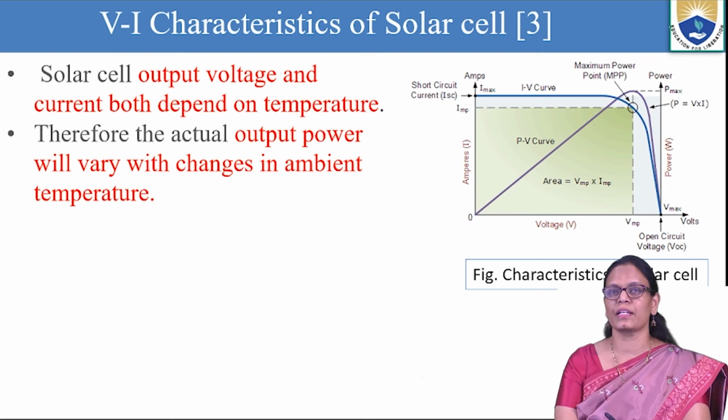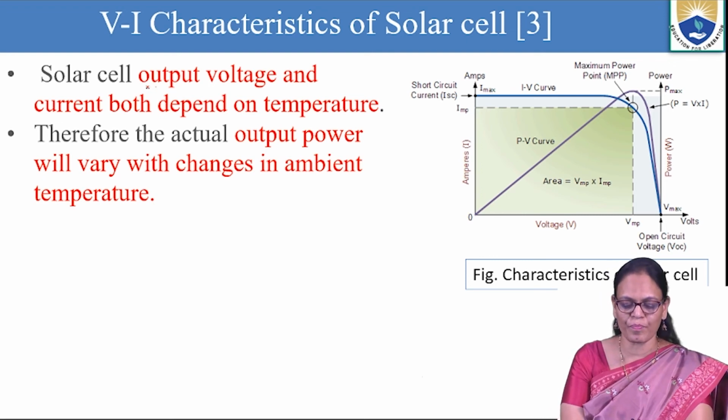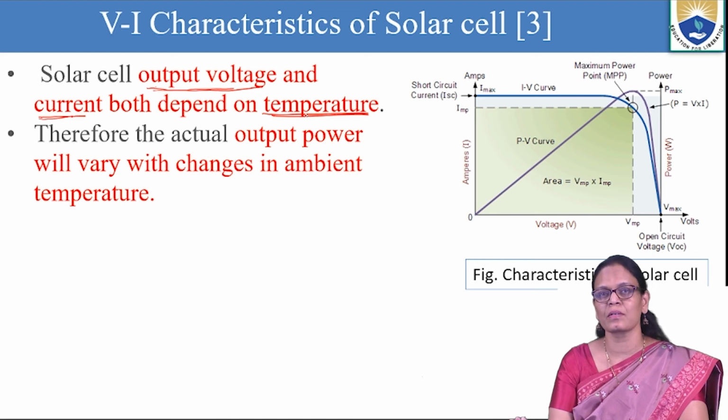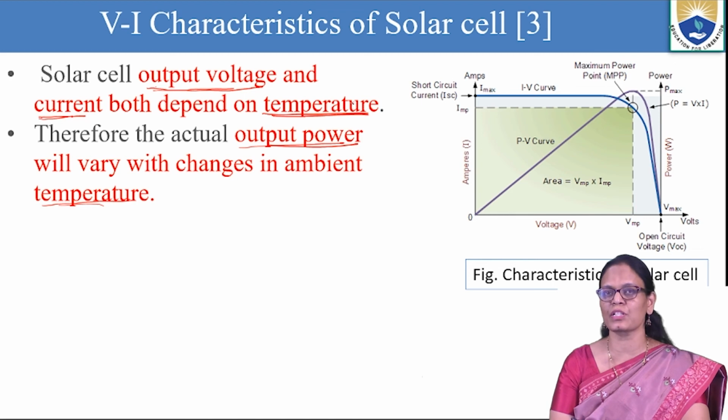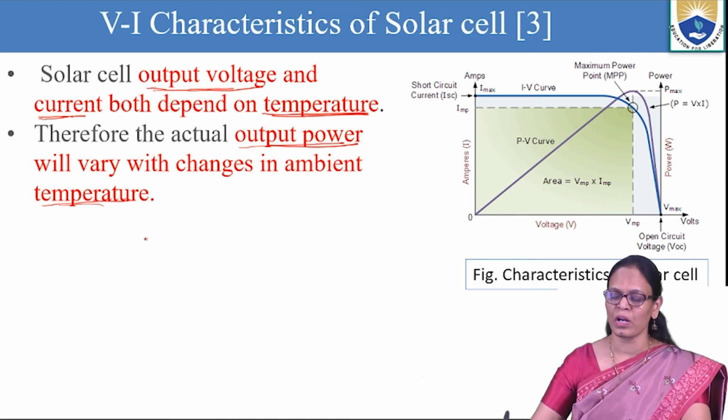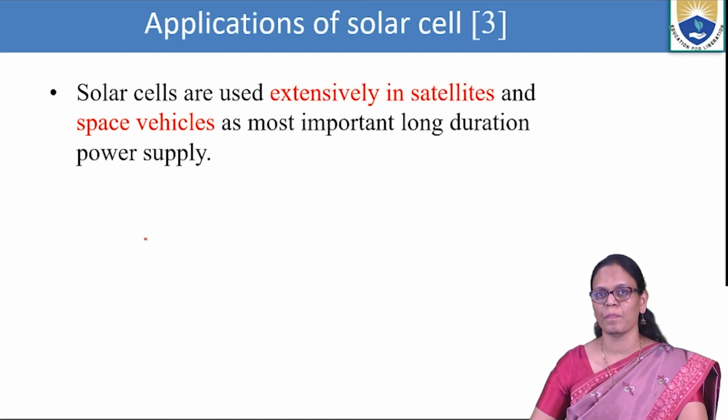And this output voltage and current both depend on the temperature. So when the temperature varies, the output voltage also varies. That means the power will also vary with the temperature.